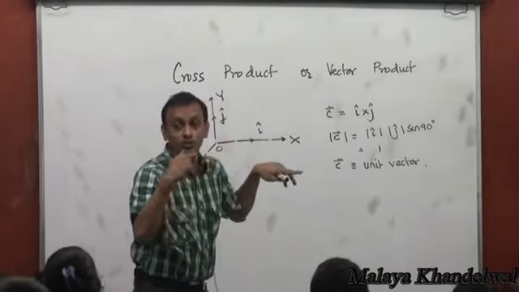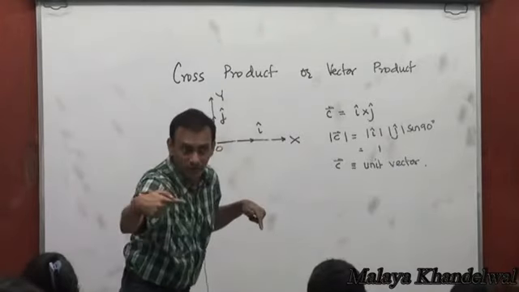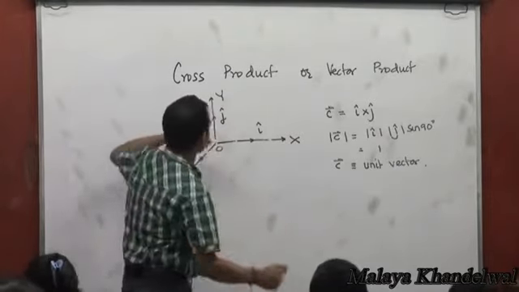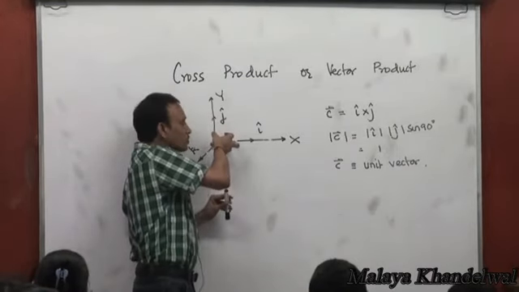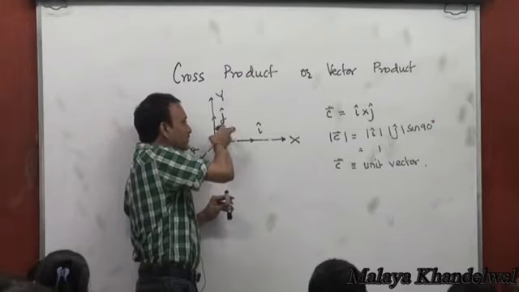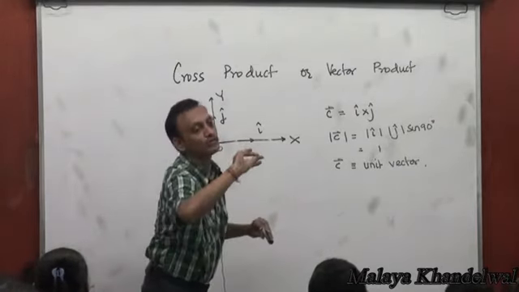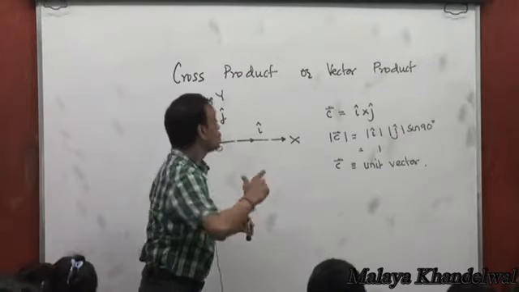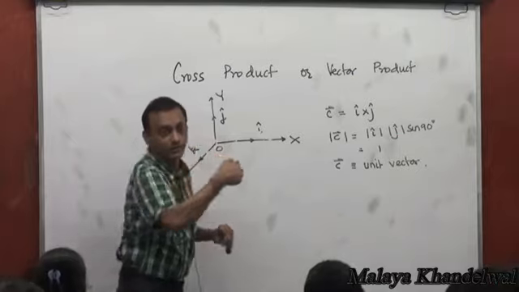So it could either go into the plane of the board or come out of the plane of the board, yes or no? Now again, think of a screw, hold its head, rotate the screw from i to j. The screw comes out of the plane of the board, right? So the direction of i cross j is in the positive z direction.